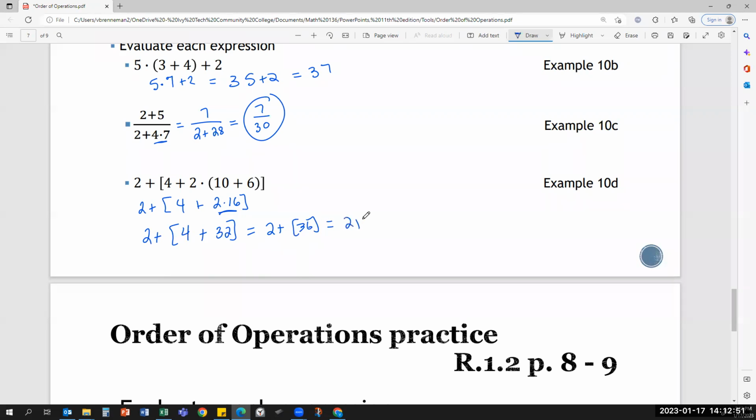That's just 2 plus 36, and that's 38. So when you have all the same level operation with brackets or parentheses, at that point, the parentheses are grouping, but they're not really changing the level. Everything's really on the same level.